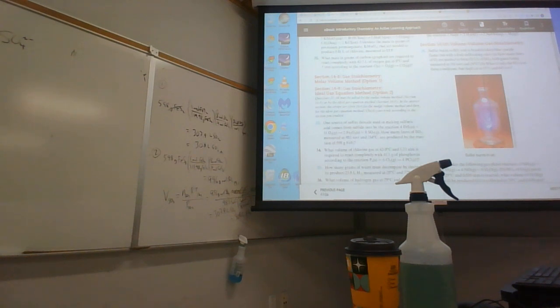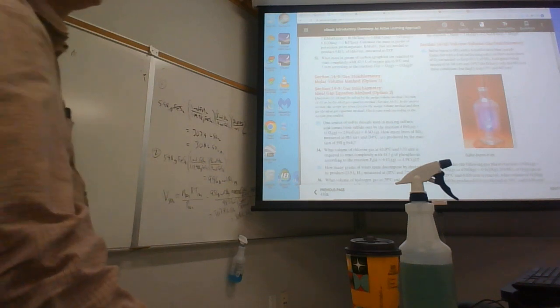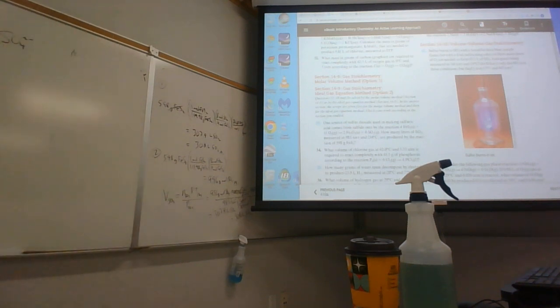And then I'll get moles of SO2. Once I get moles of SO2, then I can go and get moles of what are we asking for here? O2. And then from moles of O2, I can get volume of O2, or liters of O2 gas.